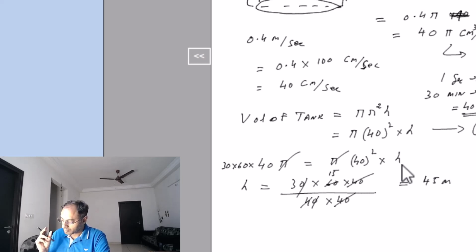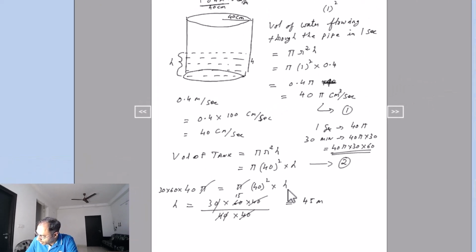So in 30 minutes, the height of the tank would be 45 centimeters. This is 45 centimeters, right? Because we have converted everything into centimeters. So 45 centimeters is what the height of the water in the tank would be after half an hour when the water flows through the pipe.